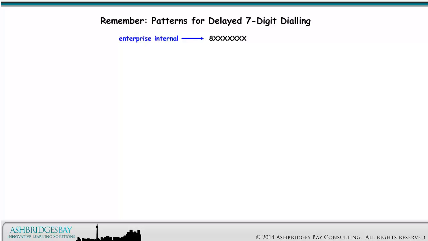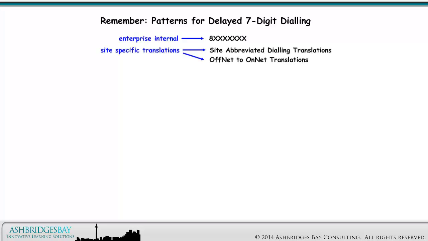Enterprise internal patterns within 8 and 7 digits. Site internal translation patterns to provide abbreviated dialing at individual sites and to translate long-distance off-net calls to on-net. Emergency patterns. In the 9.x SRND, Cisco recommends having both 911 and 9.911 patterns.